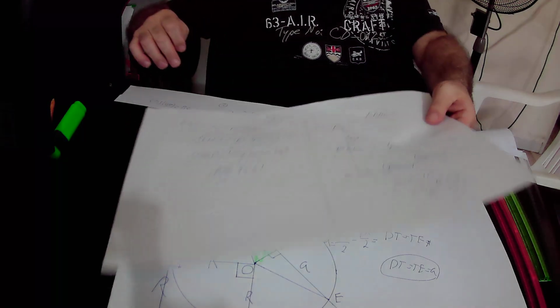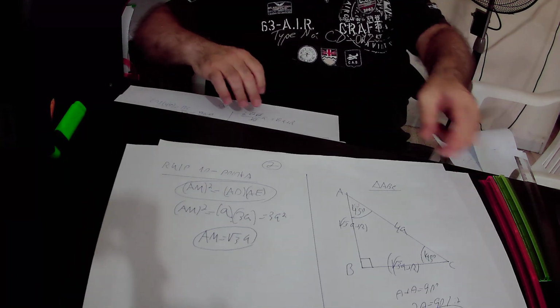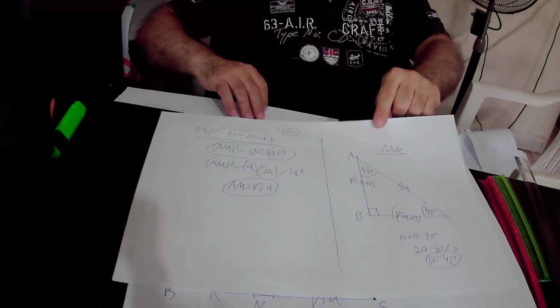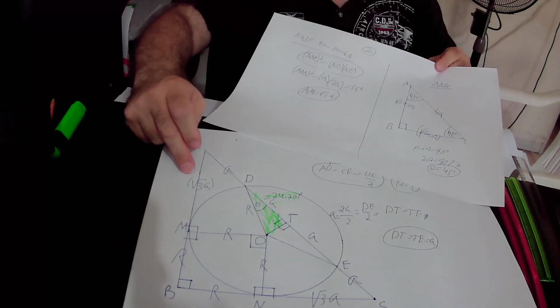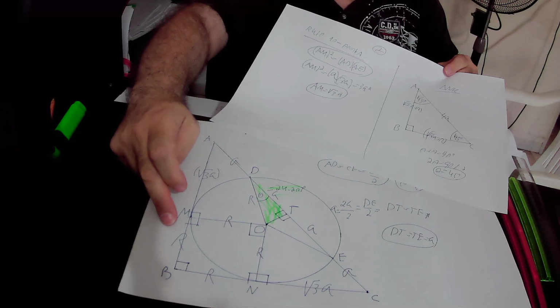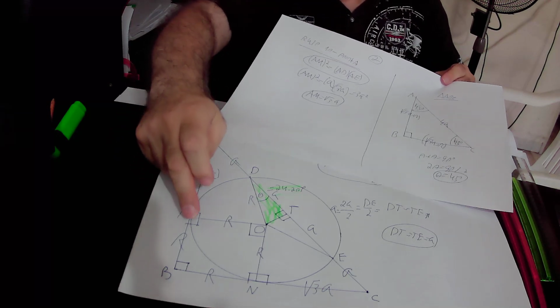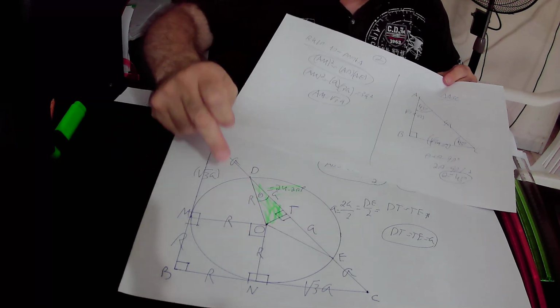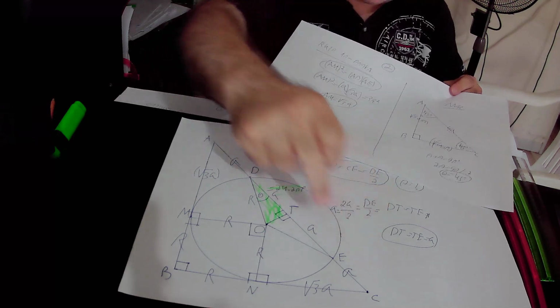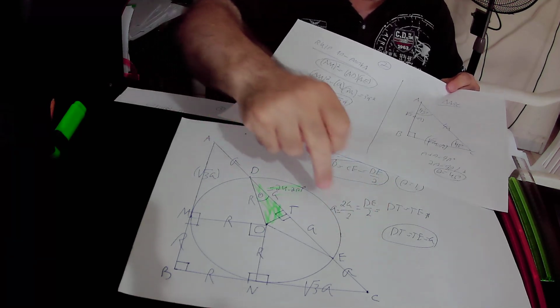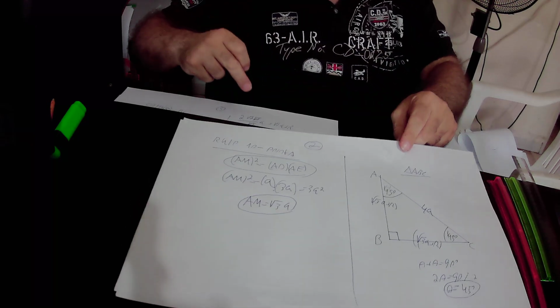Then I copied the right triangle ABC. In the right triangle ABC, AB equals the square root of 3 times A plus R. BC also equals the square root of 3 times A plus R. And the hypotenuse AC equals A plus A plus A plus A, that is 4A.